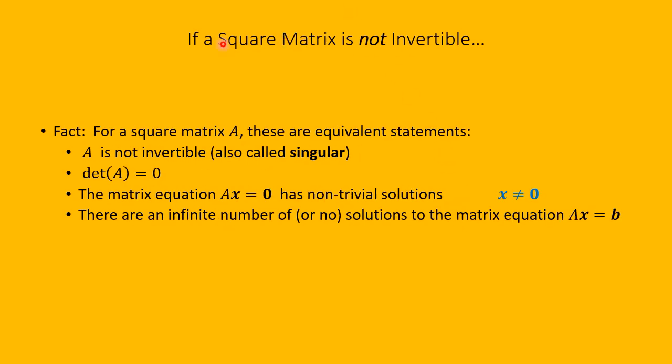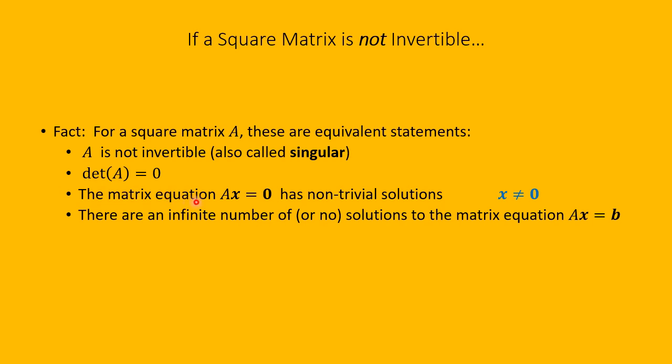On the other hand, if a square matrix is not invertible, what can we say about it? Well, let's look at this fact. For a square matrix A, these are equivalent statements. First is that A is not invertible. If a matrix is not invertible, A would also be called a singular matrix. If it's not invertible, its determinant is 0. Remember, we're talking about square matrices, so determinants of square matrices are defined.